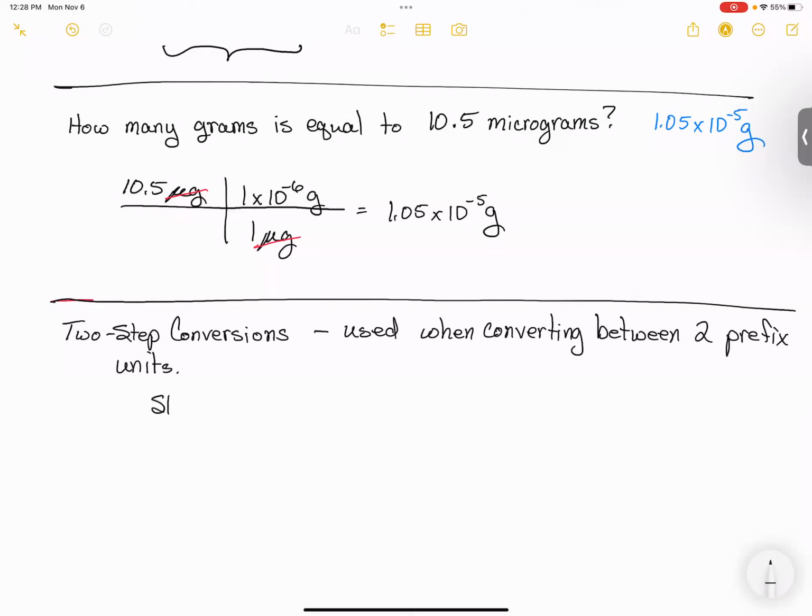Step one will be to take the unit given and convert to the base unit.